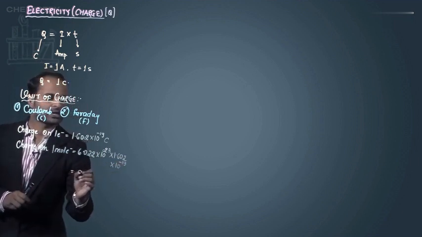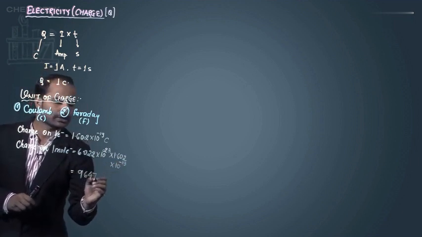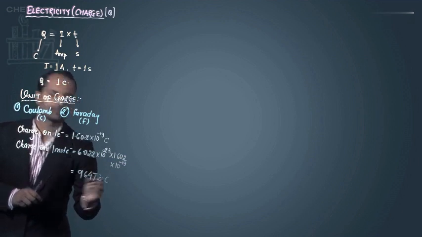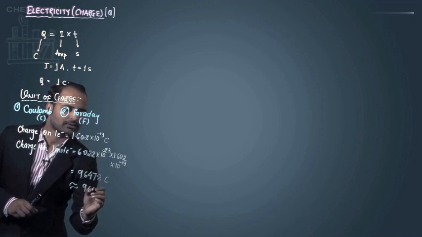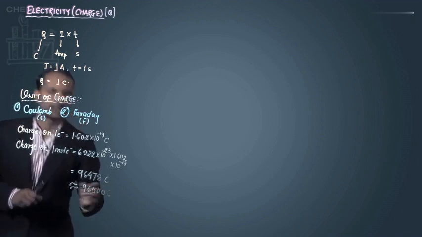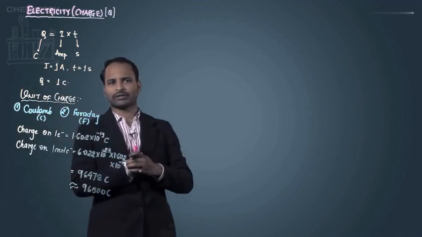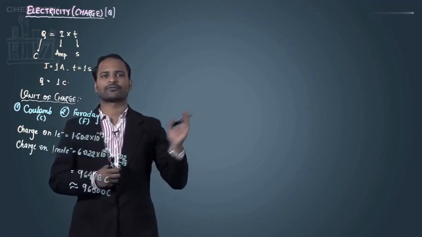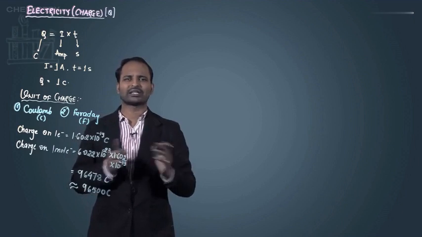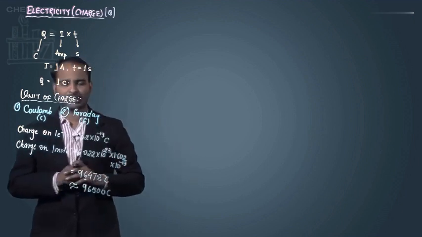That is equivalent to 96,478 coulombs, which can be approximately taken as 96,500 coulombs. This is the amount of electricity passed when 1 mole of electrons is transferred from one electrode to the other, or when there is a gain or loss of 1 mole of electrons.